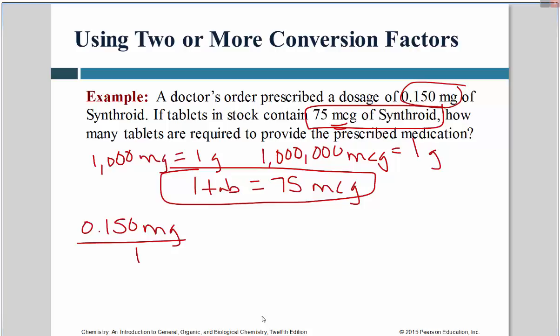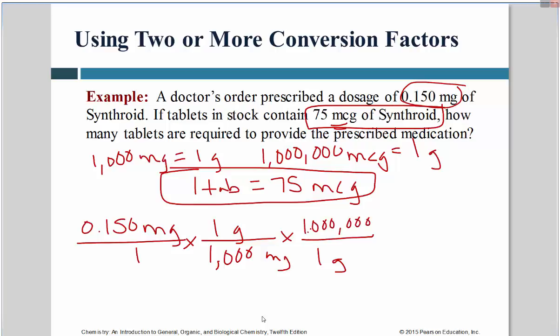So 1,000 milligrams is 1 gram. Now let's convert it over to micro, and 1 gram, there's 1 million micrograms. Now that we have it in micrograms, which is what the tablets are consisting of, we can use the tablet information. For every 75 micrograms, there's 1 tablet.